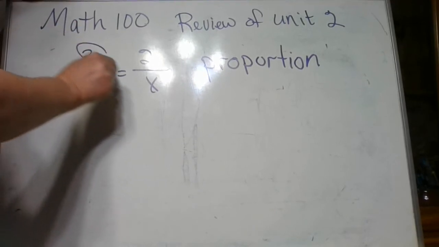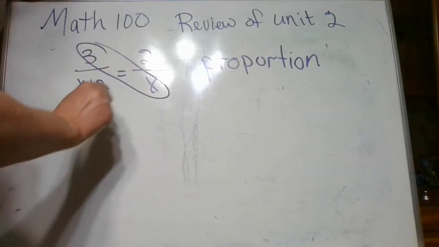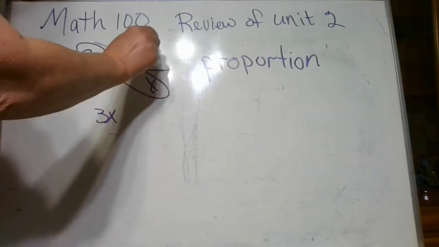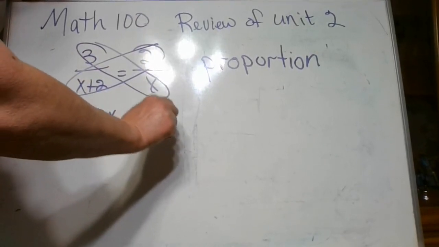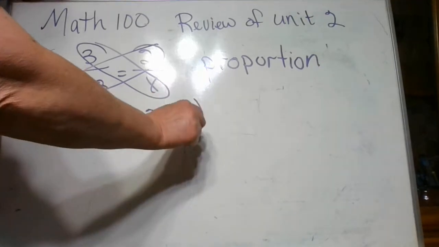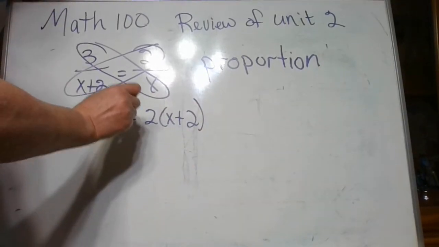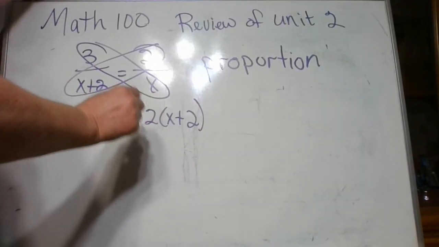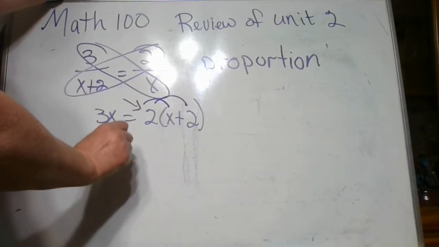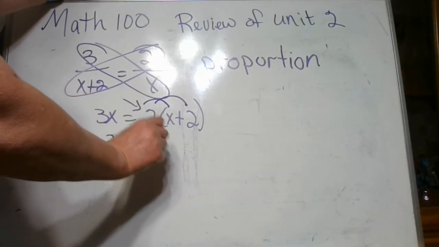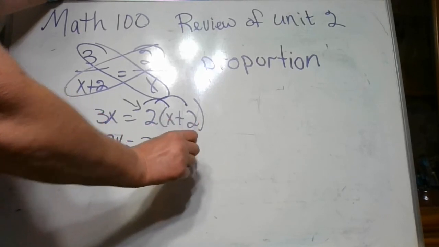You cross multiply. 3 times x is 3x. Cross multiply here equals 2 times x plus 2. First thing we need to do is to distribute. So I'm going to have 3x on this side is equal to 2x plus 4.